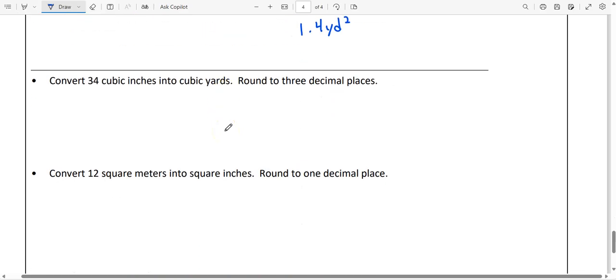Then 0.001 cubic yards and 18,600.0 square inches. Some of you might not have the 0.0. If it asks for 1 decimal place, you need to have an answer that has 1 decimal place, even if that's a 0.0. All right, great.